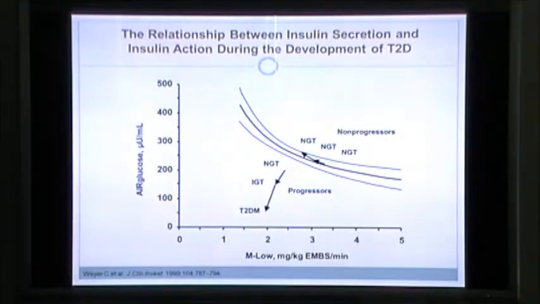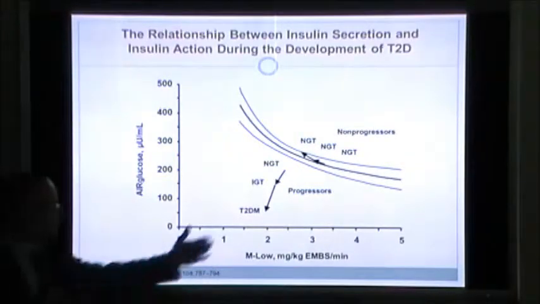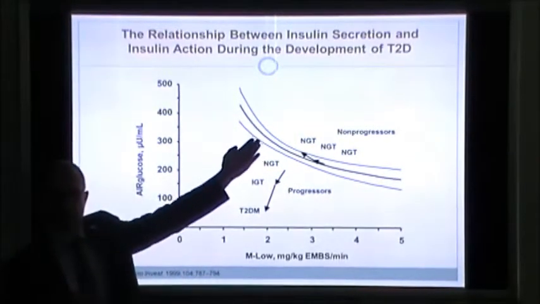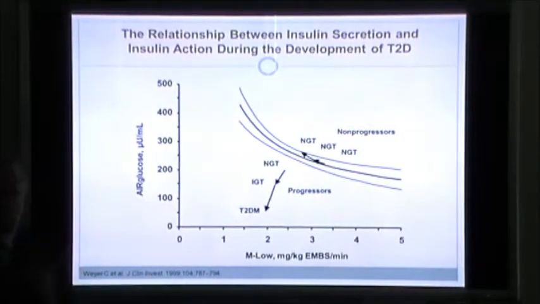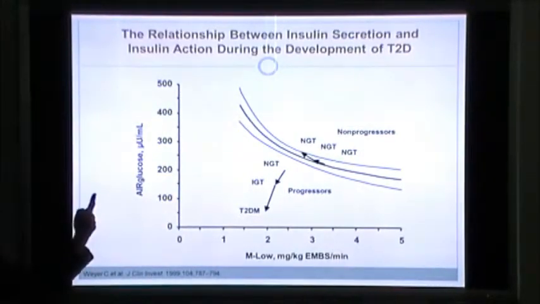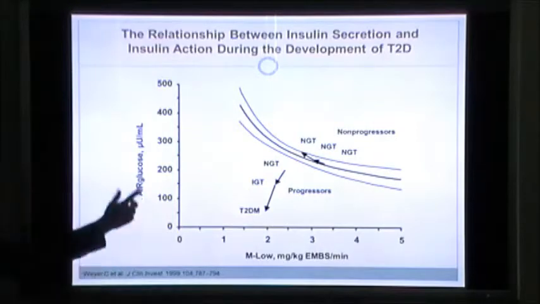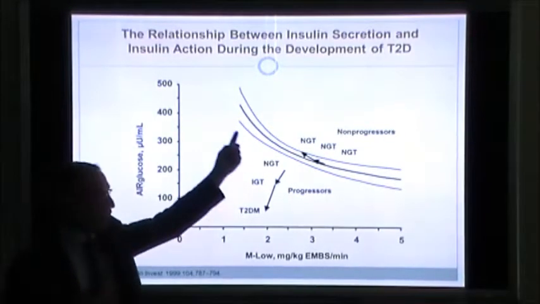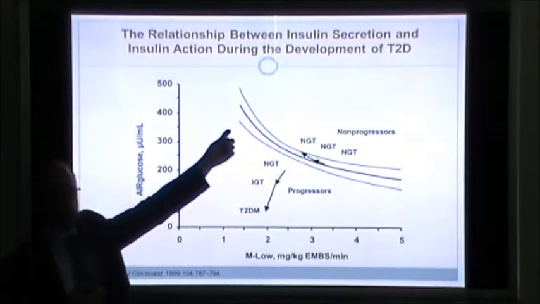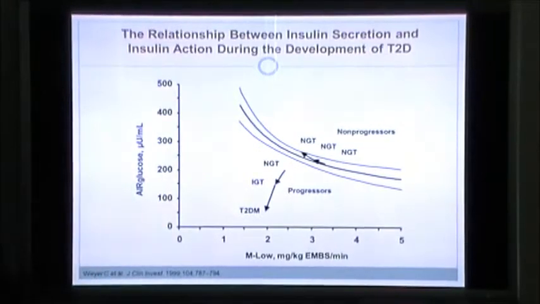I think we're coming to appreciate more and more that it's not the insulin resistance that is the cause of type 2 diabetes. It may create the risk, and maybe this is how this whole deleterious process begins. But if you can maintain your insulin secretion sufficiently compensating for that change in sensitivity, you maintain normal glucose tolerance.